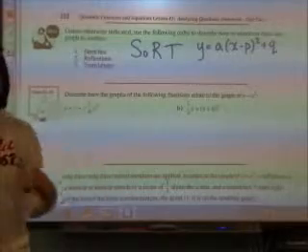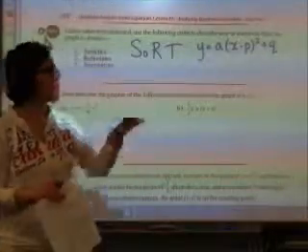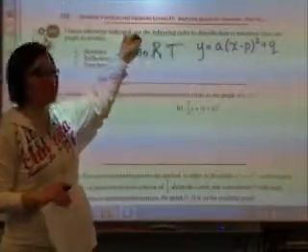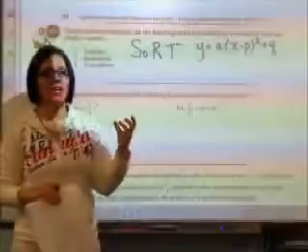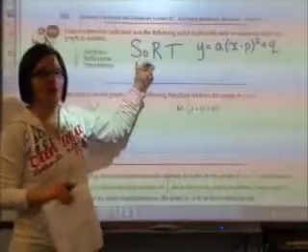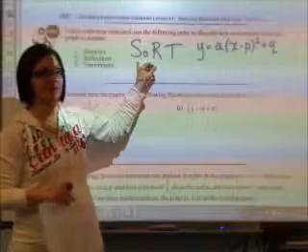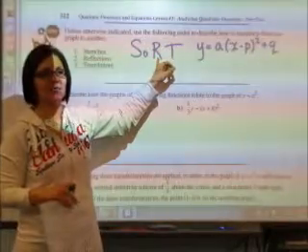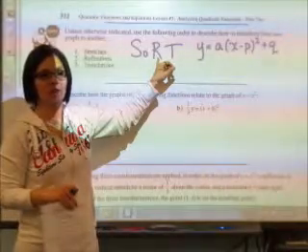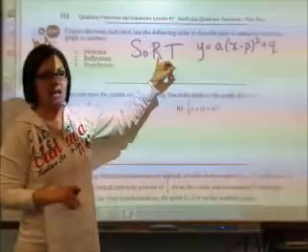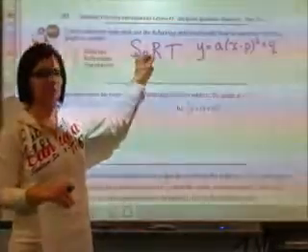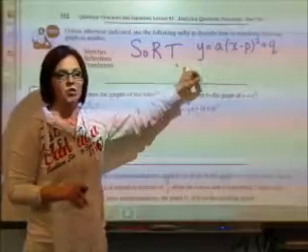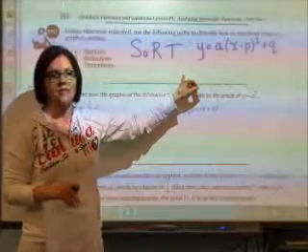So stretches and reflections can be done first, and the other way to remember that is the stretch and the reflection. A stretch is multiplying by a factor of 2, a factor of 1/2. A reflection, in a sense, is almost like stretching it in the negative direction. So it's multiplying it by a negative. Well, multiplication happens before addition and subtraction, and that's what you're doing when you're translating.